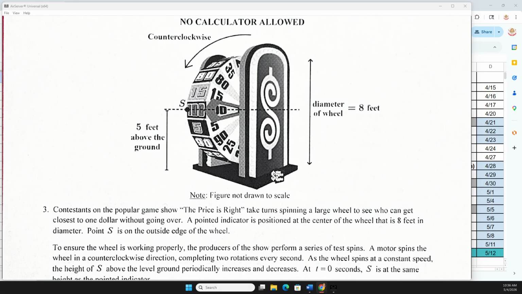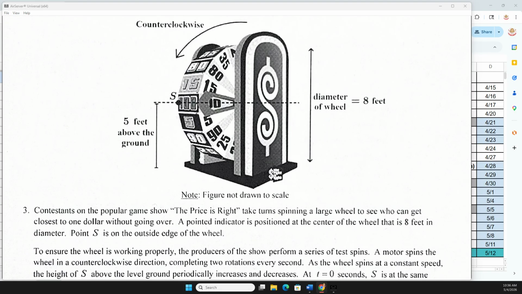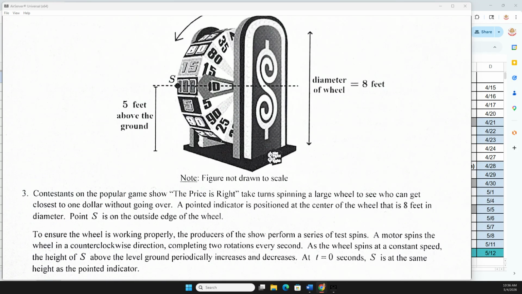The pointed indicator is positioned at the center of the wheel, is 8 feet in diameter, and point S is on the outside edge of the wheel. All right, so there we have point S. It tells you in words here that we're 5 feet above the ground, and then we know the diameter is going to be 8, so that's going to come in handy in a second.